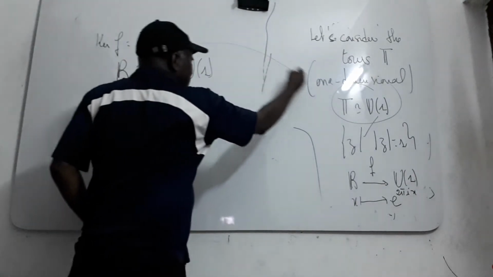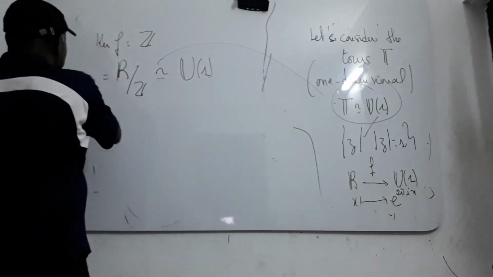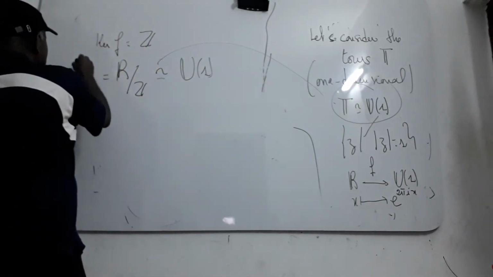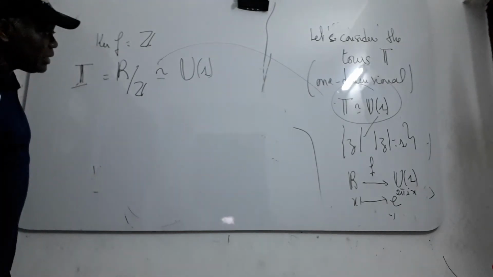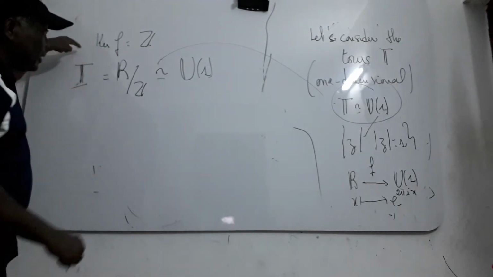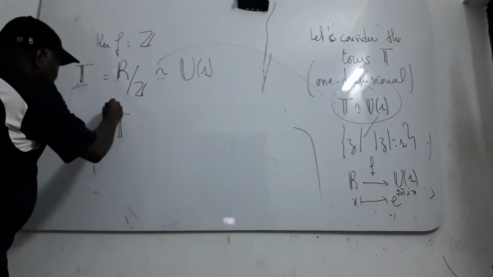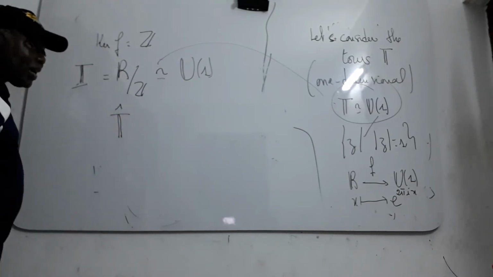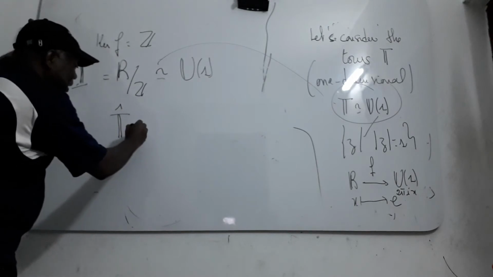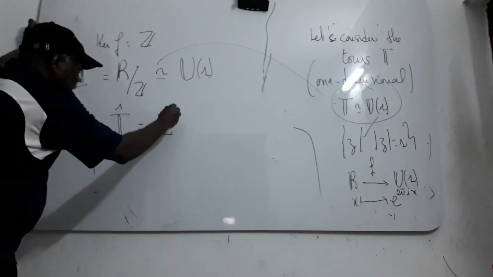What I mean here is this. This is what we call the torus of one dimension. And we already proved that the dual of this torus, the set of characters of this torus, is exactly equal to Z.